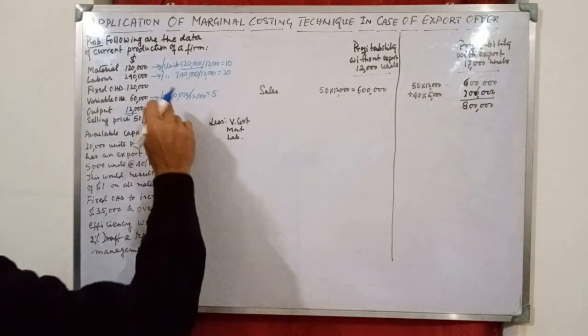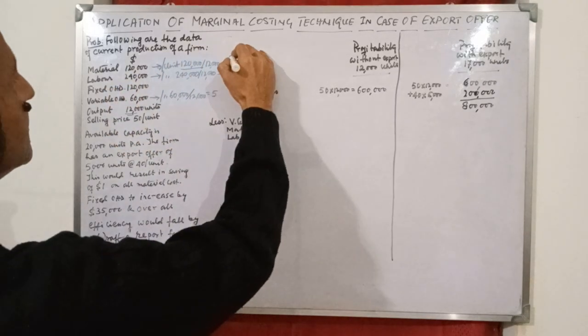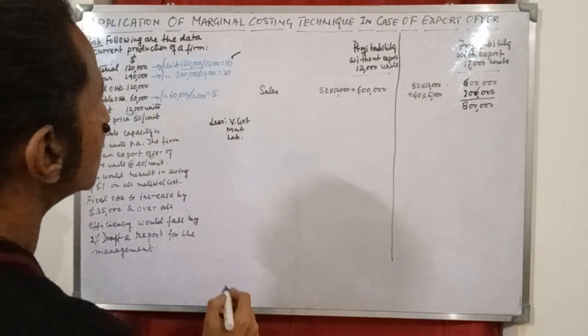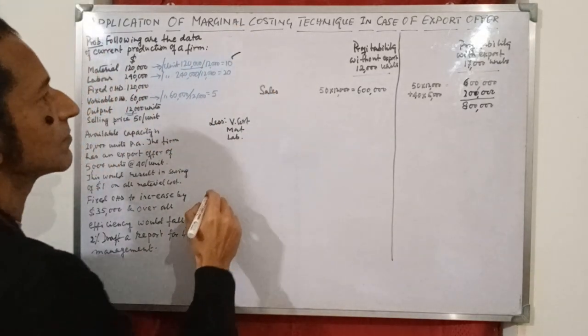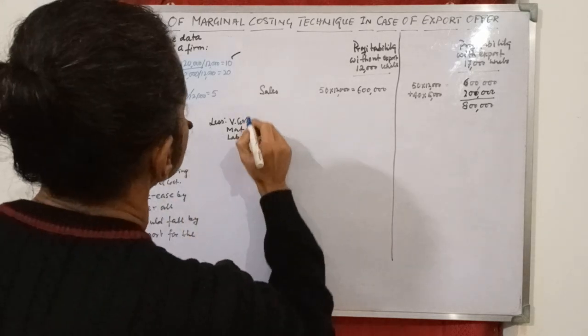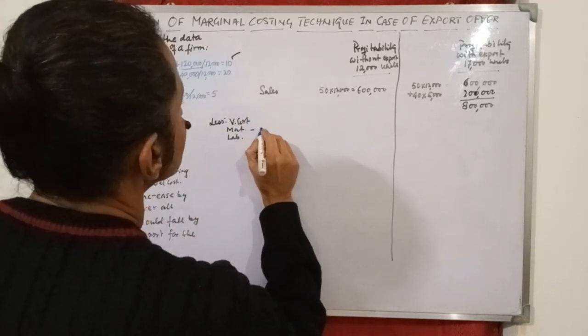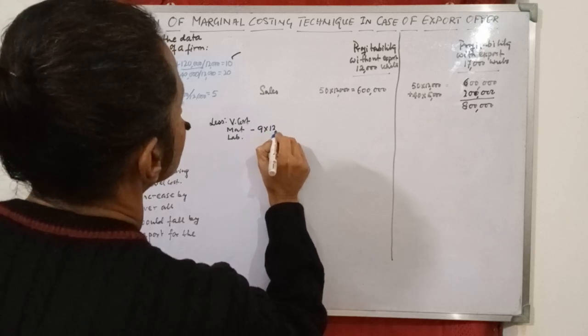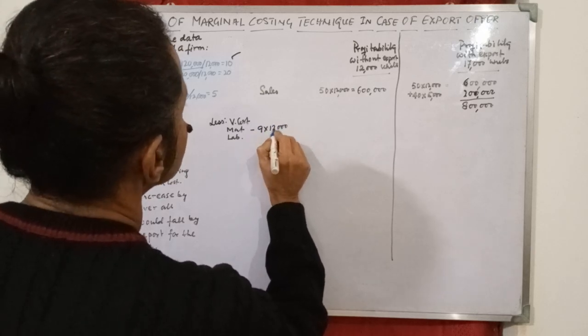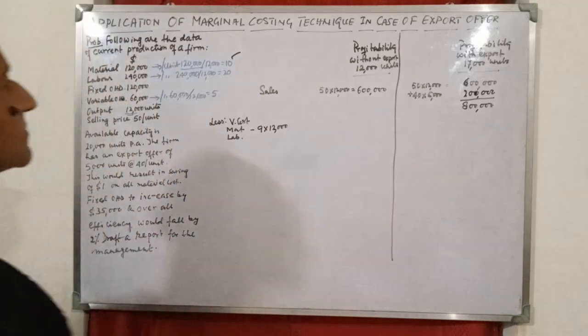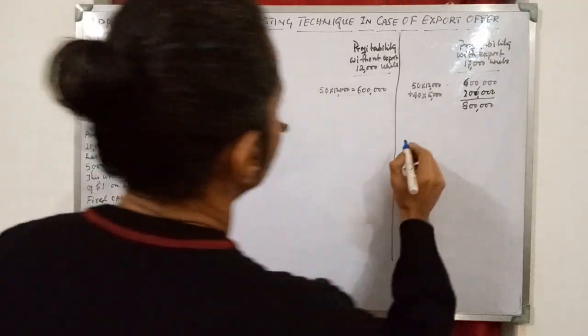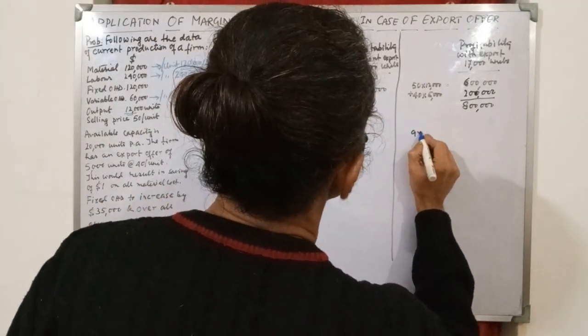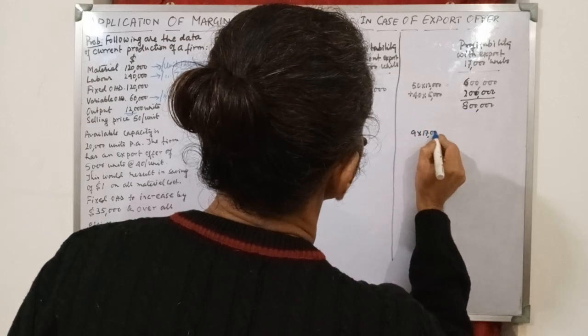So currently material cost is 10, so it will become 9. So 9 into 12,000 is the material cost. Here it will be 9 into 17,000.